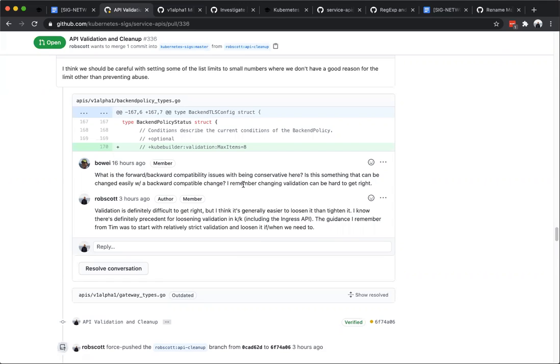That's very easy to do in a backwards compatible way. It's much harder to tighten up validation after the fact. You can't go from a max items of 8 to a max items of 4 because you're going to break some user that was already up against that limit.